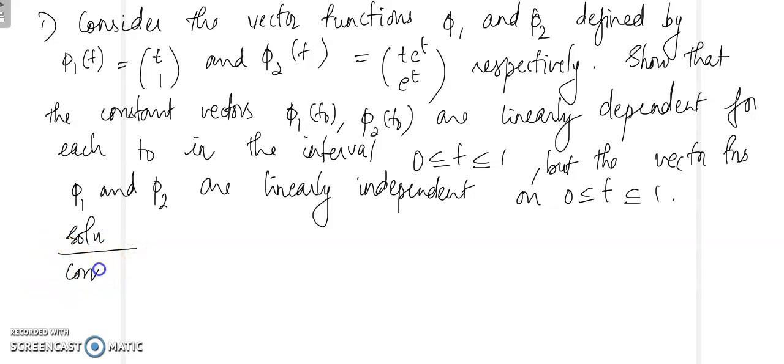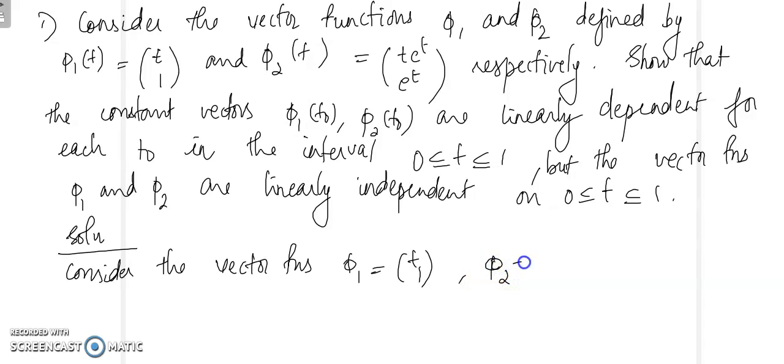So first you will show that phi 1 and phi 2 are linearly independent. So consider the vector functions phi 1 equal to (t, 1) and phi 2 equal to (t e raised to t, e raised to t).